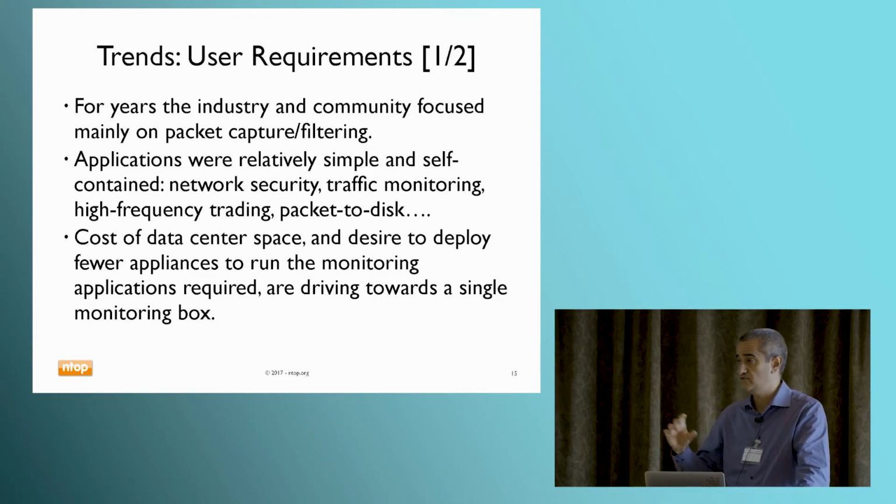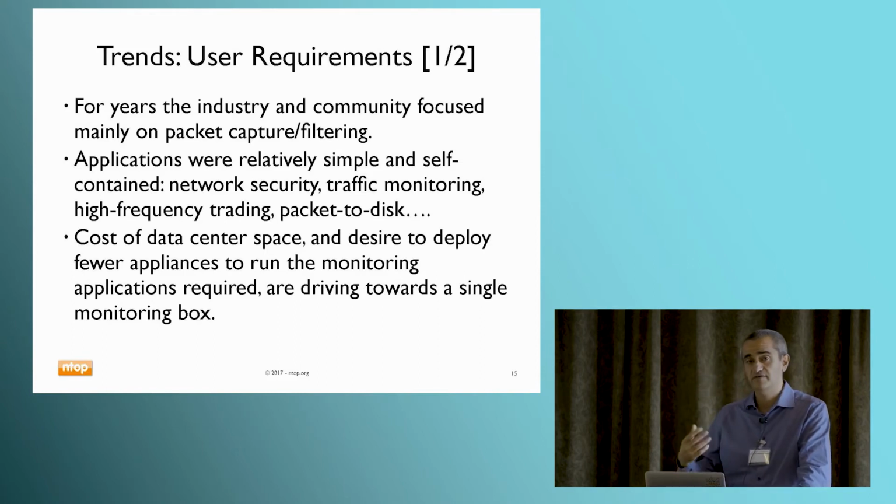Because if I give you a solution that takes a rack for doing 100 gigabit, I don't know if I've really solved the problem, besides the hardware cost. I don't think I have. So we must be able to create small and compact devices.